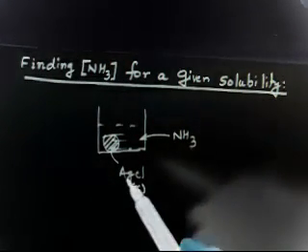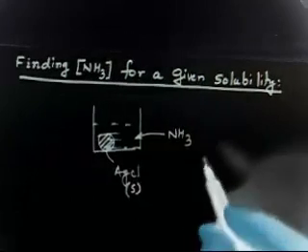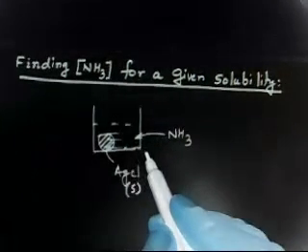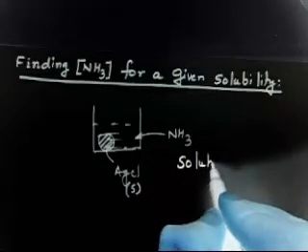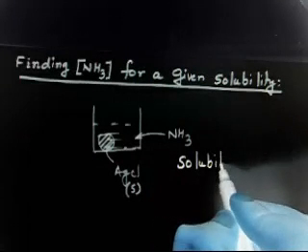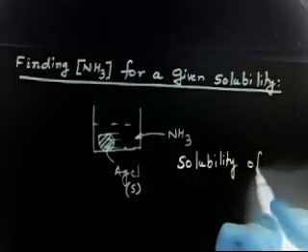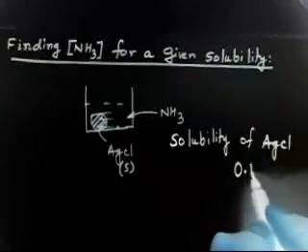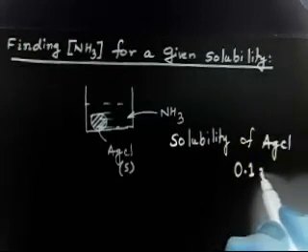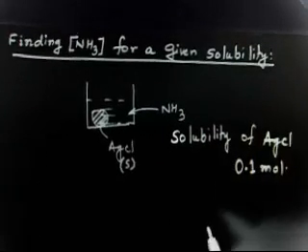What will happen? AgCl will dissolve, and the question says in this solution the solubility of AgCl is 0.1 mole. That is given to you. It's not a small solubility, it's a very high solubility.